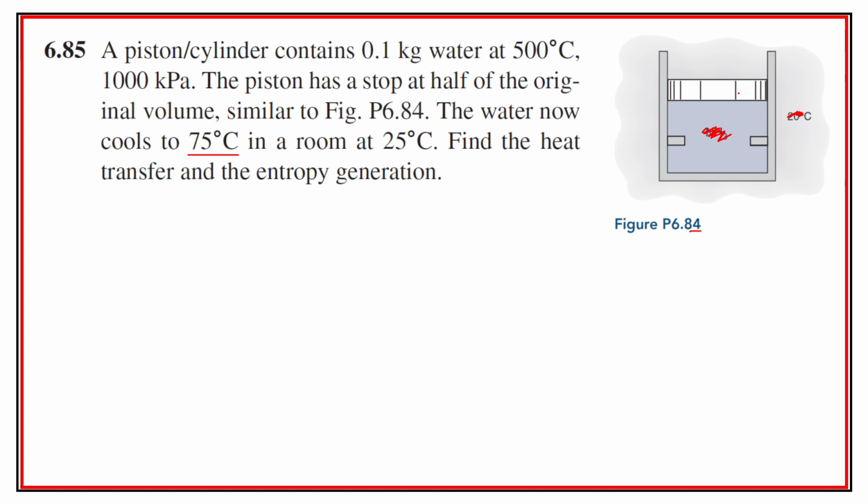Anytime you see these kinds of stops, just be aware that you're probably in for a two-step type of thing. So let's go to a PV diagram because that'll make a lot more sense, I think. You're going to have a constant pressure, right?